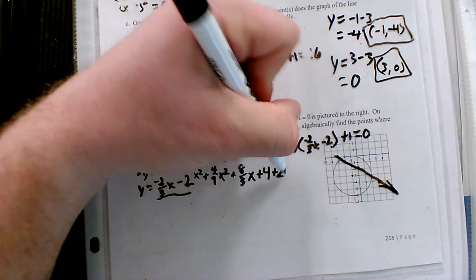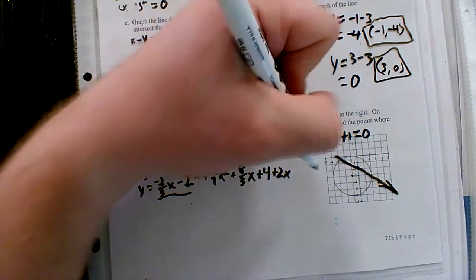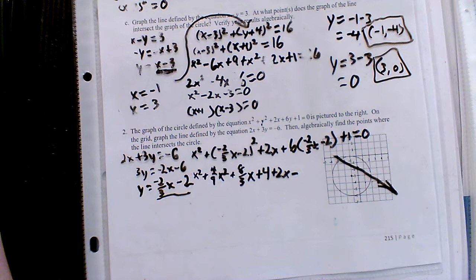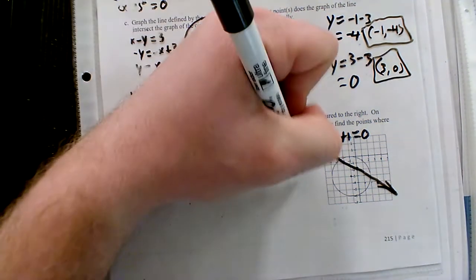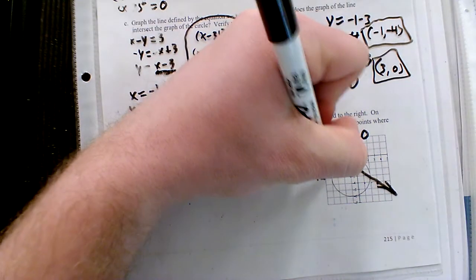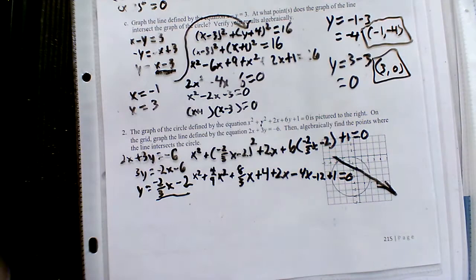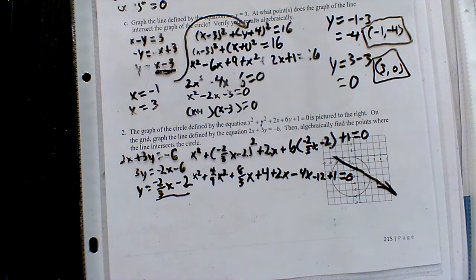Then plus 2x minus 4x minus 12 plus 1 equals 0. Still alright with expanding that?